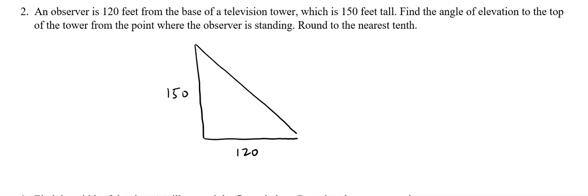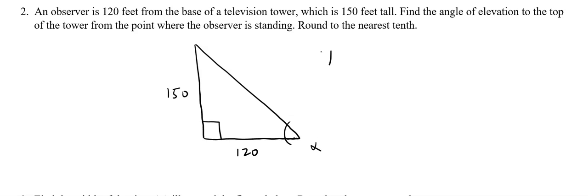Once again, we're just going to make a right triangle. Find the angle of elevation to the top of the tower from the point where the observer is standing. So here's the observer. So it's just talking about this angle, very much like what we were doing before. We're just going to use a different trig function for this problem, because now I'm given the opposite side and the adjacent side.